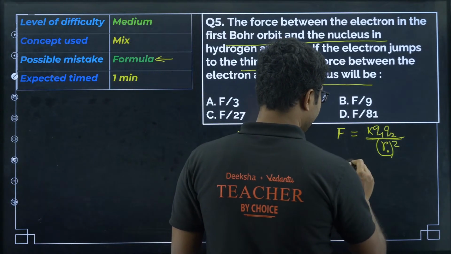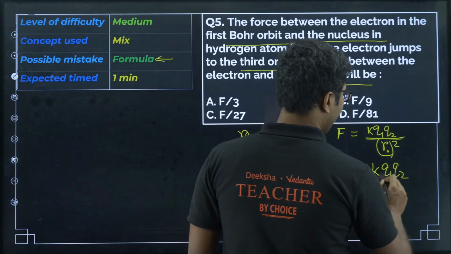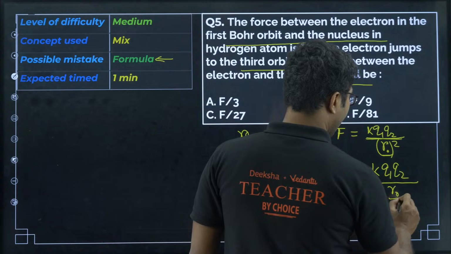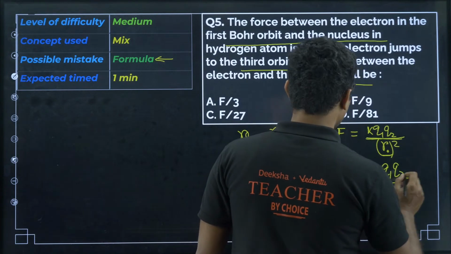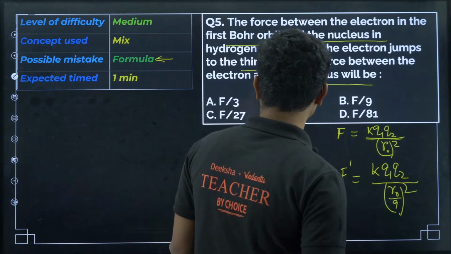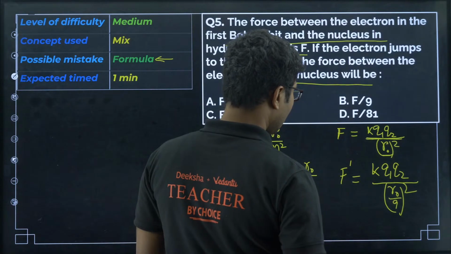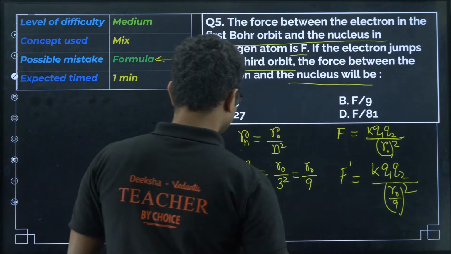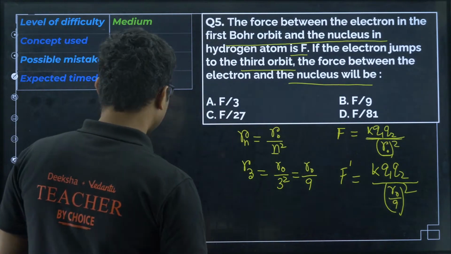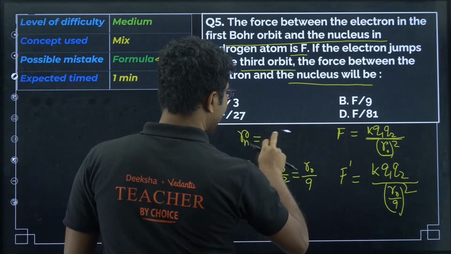The new force F dash will be K Q1 Q2 by R0 by 9 whole square. Many students will try to solve it and answer this. Sorry, I have done something wrong. It is not R0 by n square, it is n square R0.